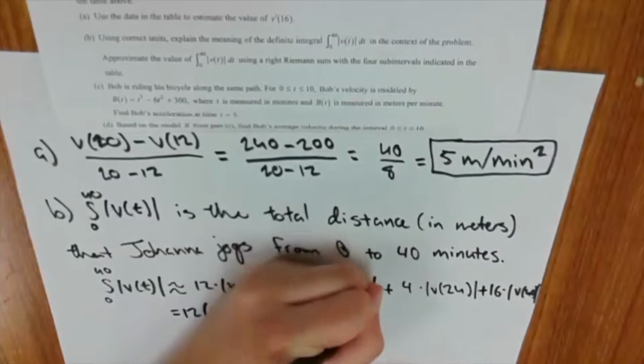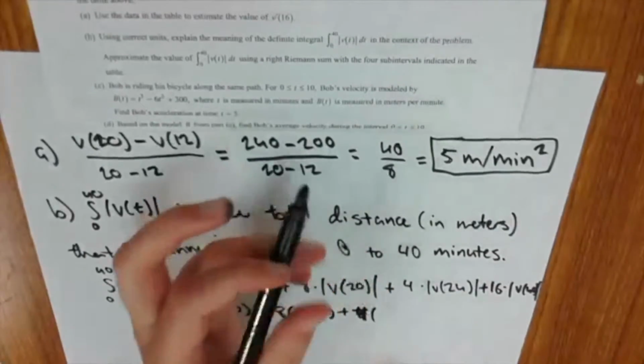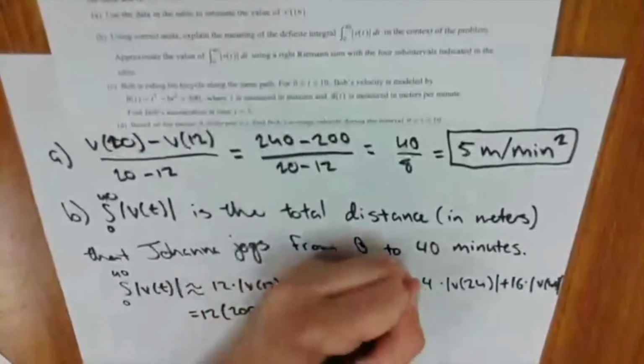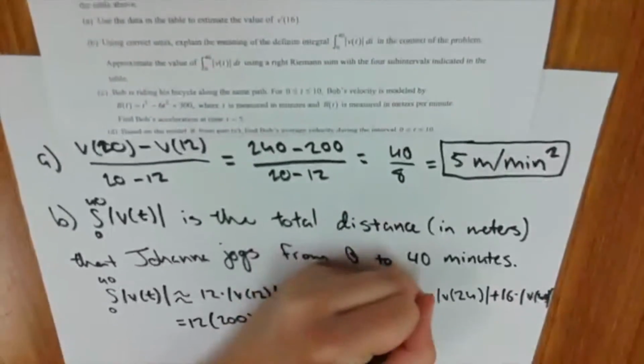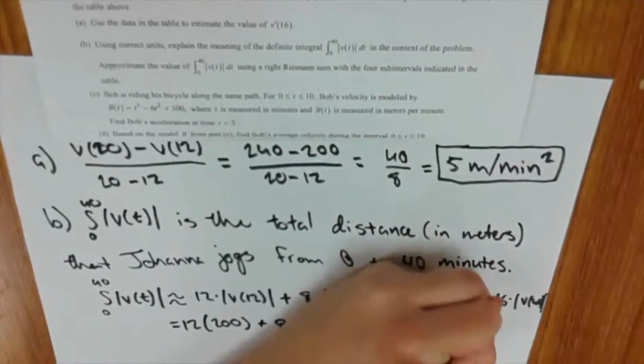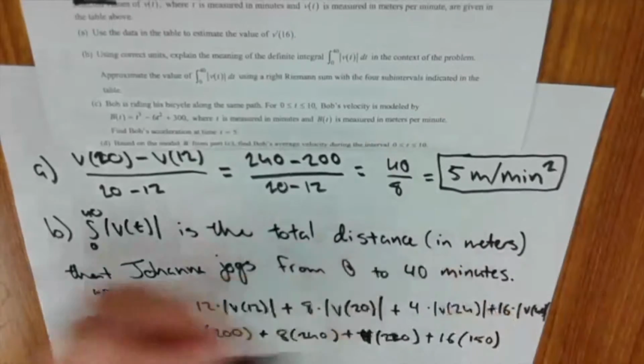We're going to add that to 4 times our velocity at 24, and since it's absolute value, it will be positive, not negative. So 220. Finally, add 16 times our velocity at 40, which is 150.